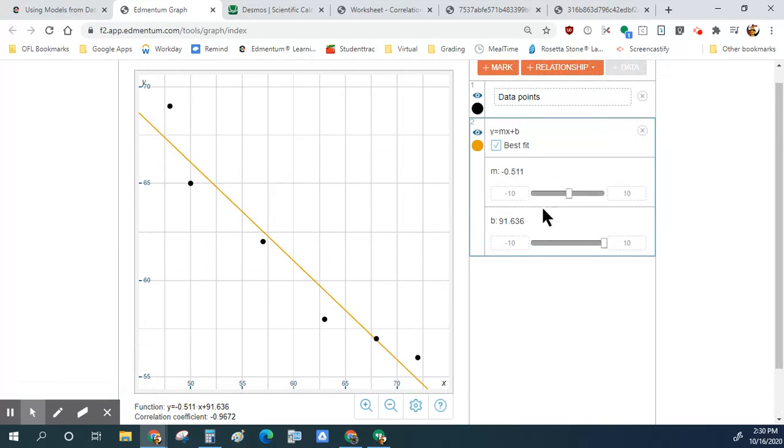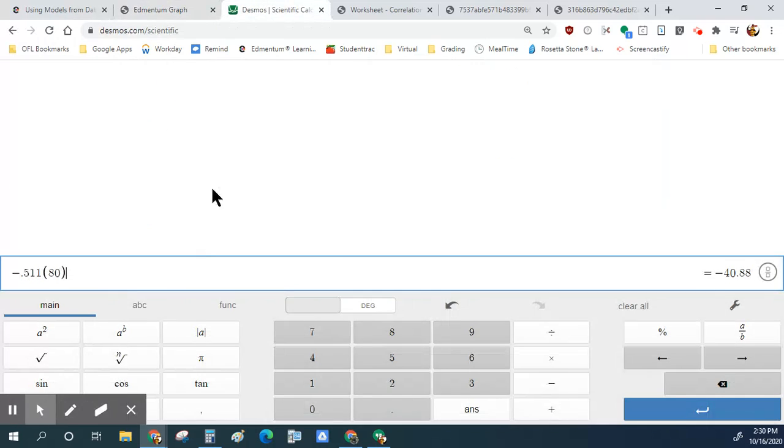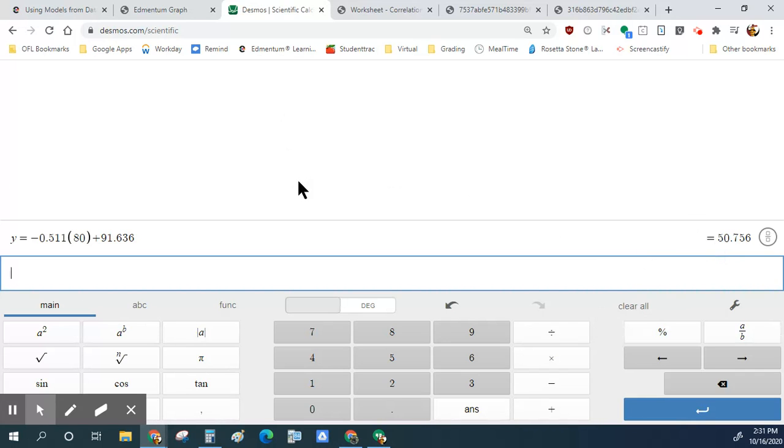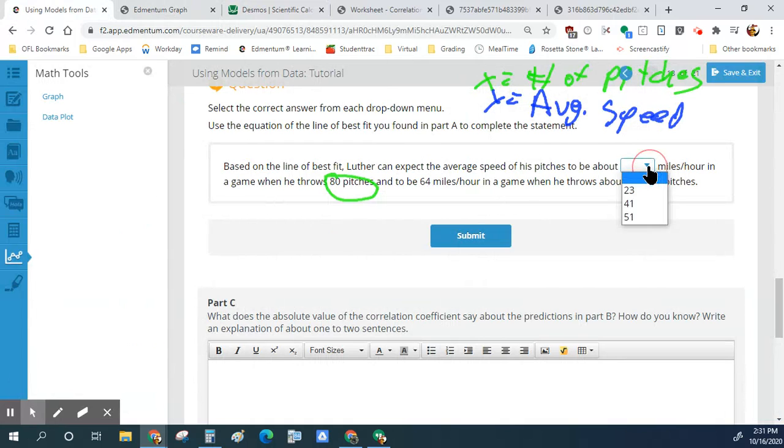I'm just going to copy this. Luckily, Desmos lets you copy it just fine. The only thing that really changed here was this is 80. And we see here that our y is going to equal about 51-ish. About 51 miles an hour.